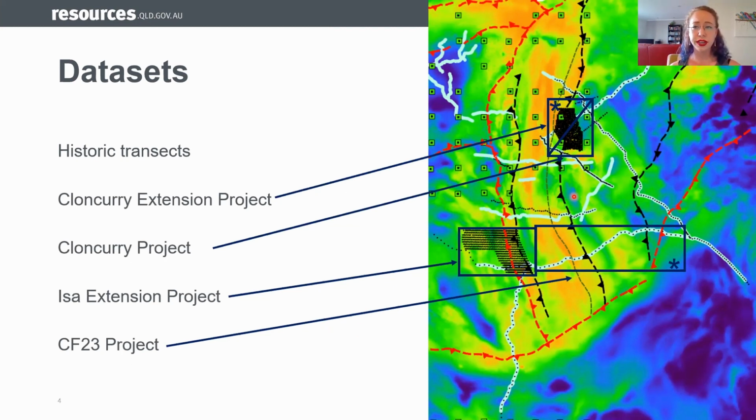The two surveys that I've starred here were completed and released, or will be released, during the project. So the models and interpretations based on those data sets are a little bit more preliminary than the ones of the more established surveys.